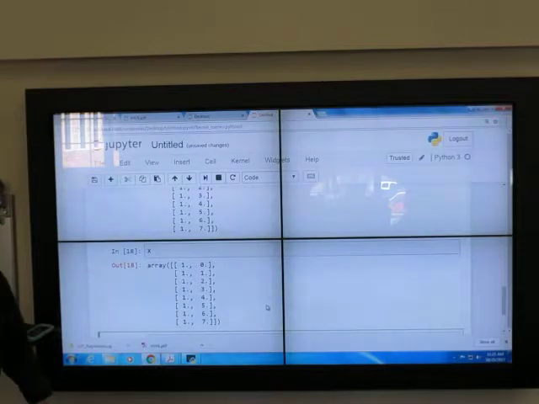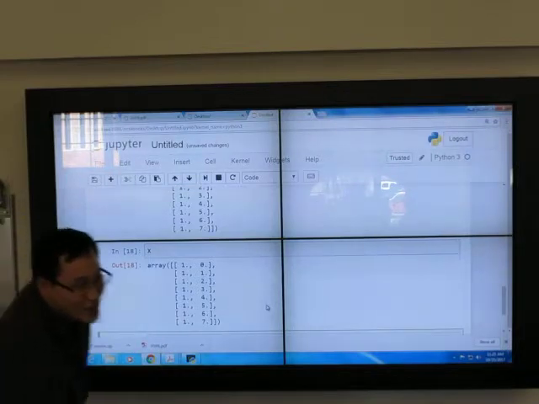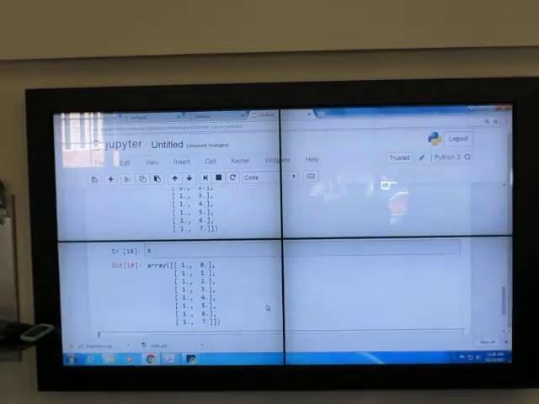Because we are going to do X transpose X. Are you ready for X transpose X? It's not random. Okay.